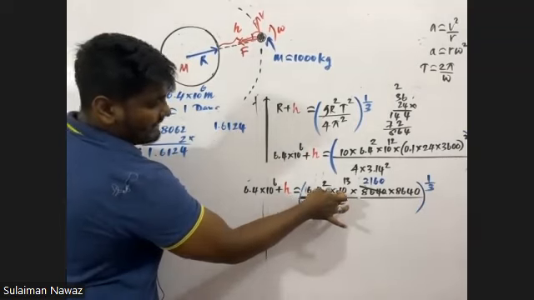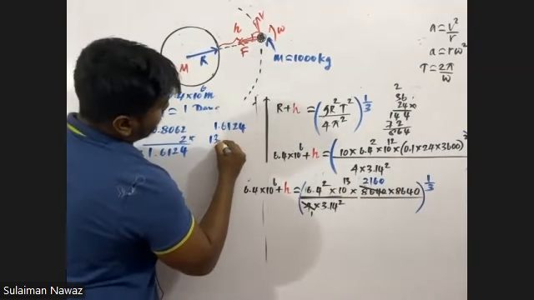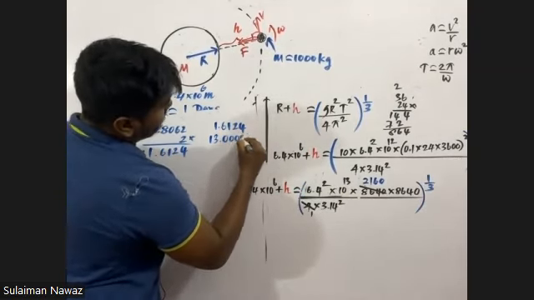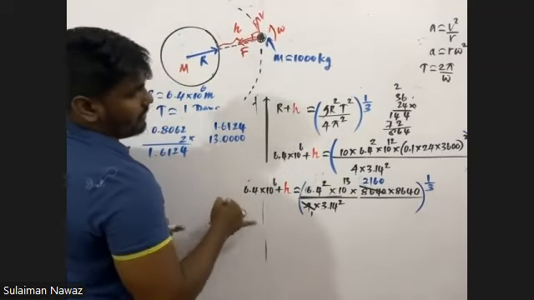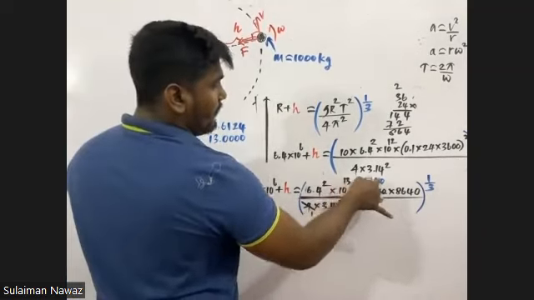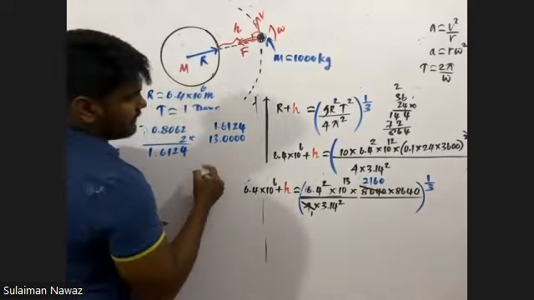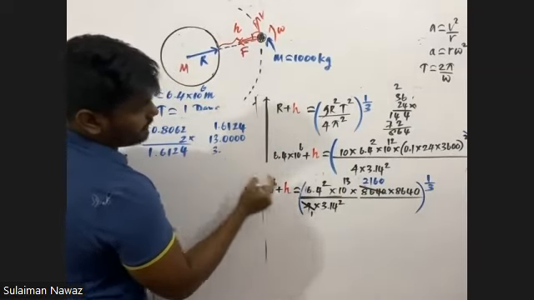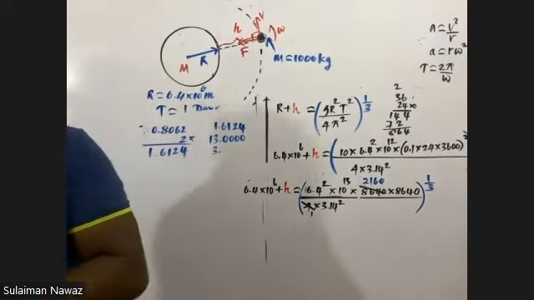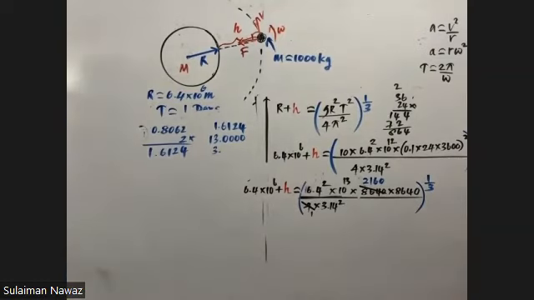What is the log value of 10 to the power 13? 13.0000. What is the log value of 2160? 3.3345.